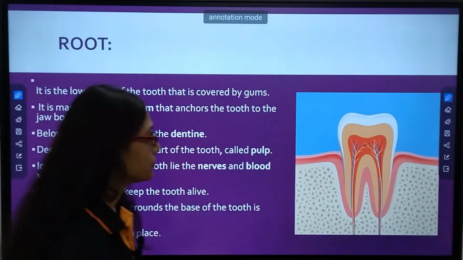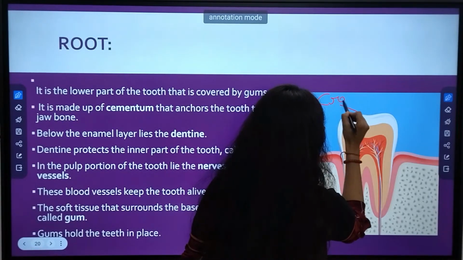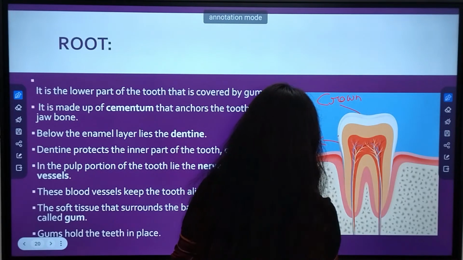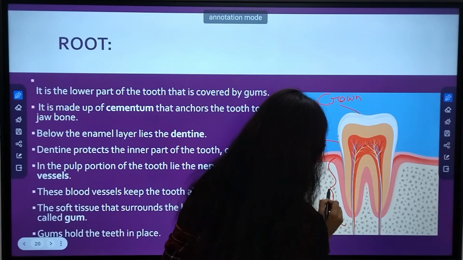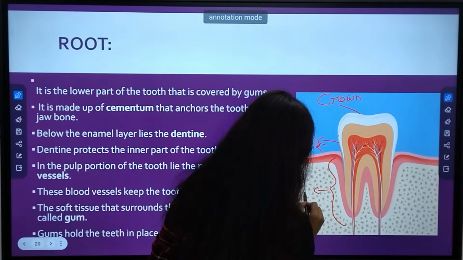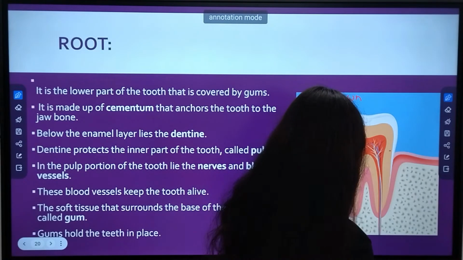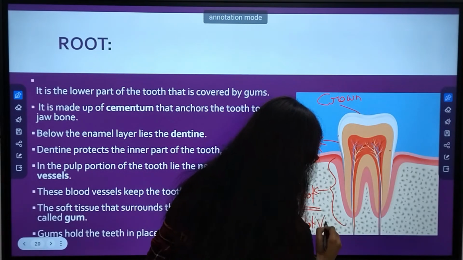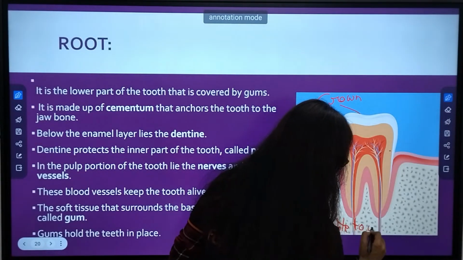Now, what is root? This is the crown. This is the neck. And this part is the root. Right? This is the part which is not visible to us.